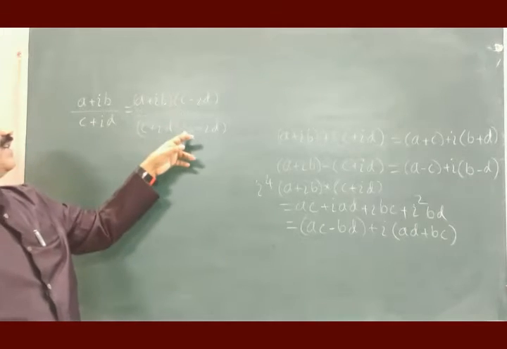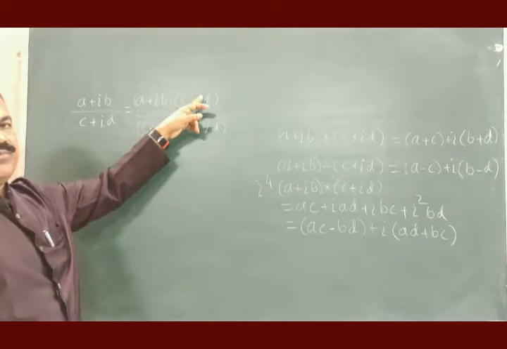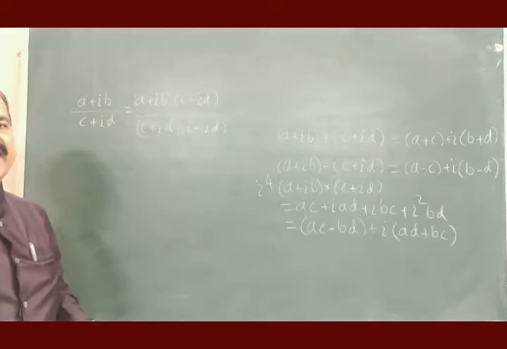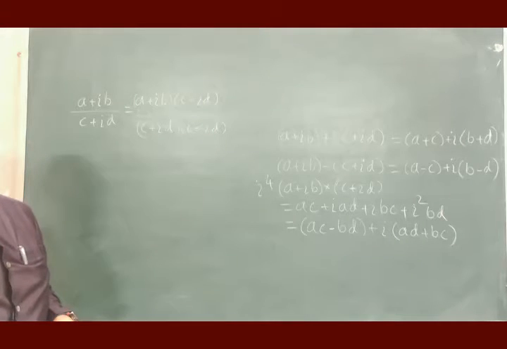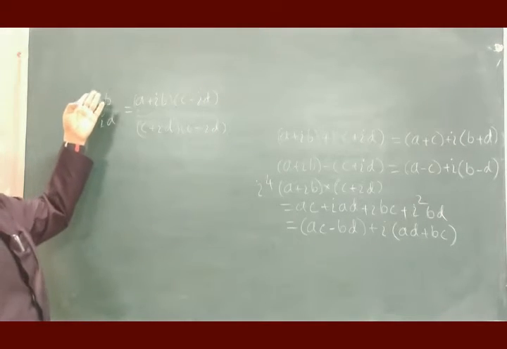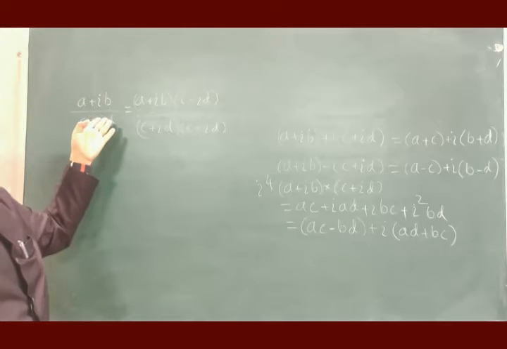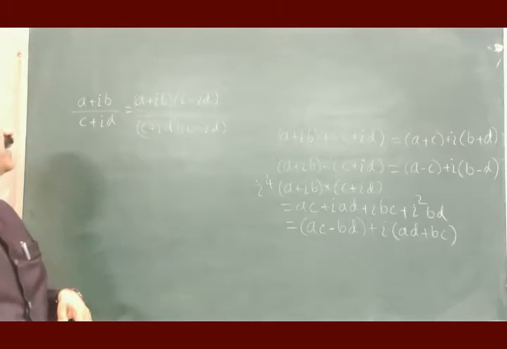C minus ID from the numerator and denominator identically cancels out, and we will be left with the original term A plus IB divided by C plus ID.